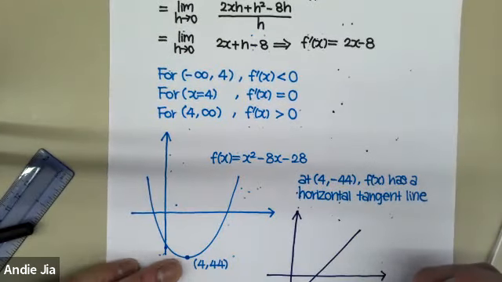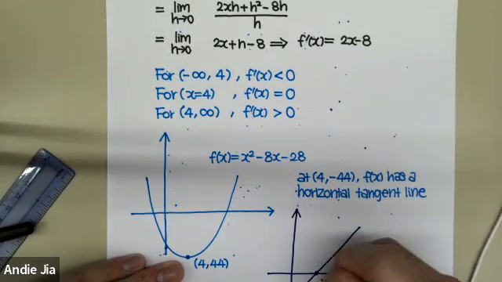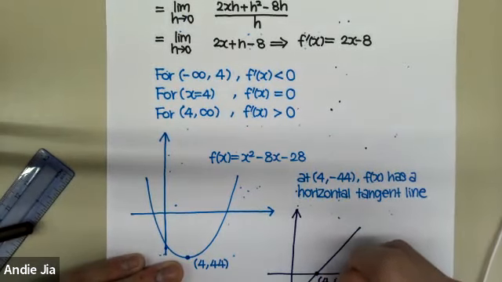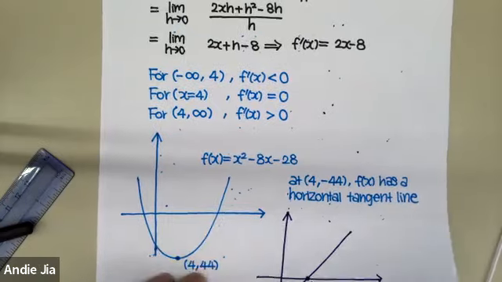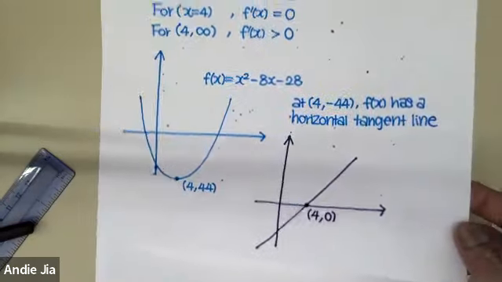It's going to cross at 4 and 0. Negative is below the axis. So this is f prime of x.